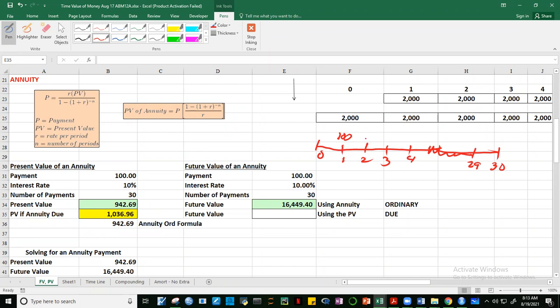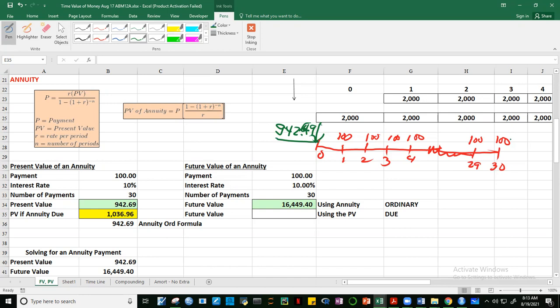So 100, 100, 100, 29th, 30th, 100. Okay, then we said that this is equivalent to 942.69. So yung 100 na yan, annuity, for 30 years at 10%, it's equivalent to 942.69.